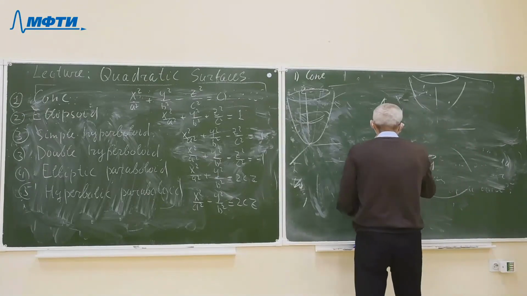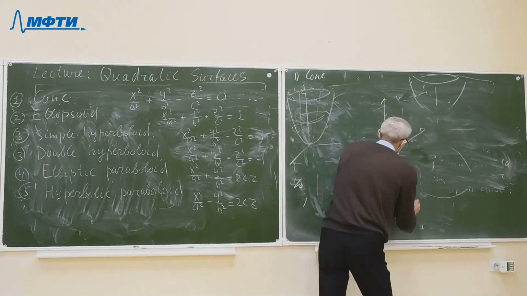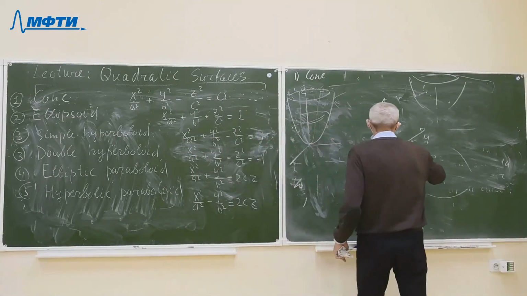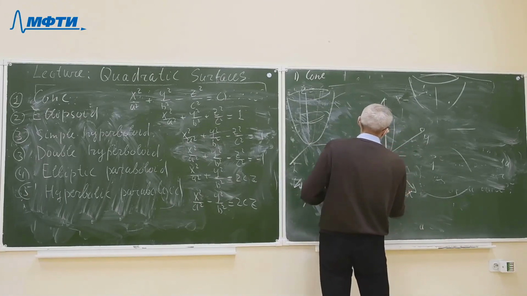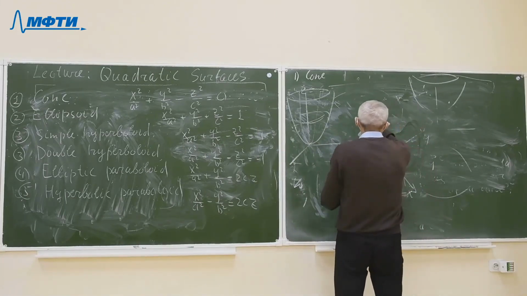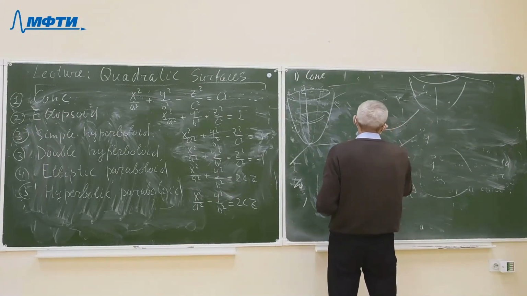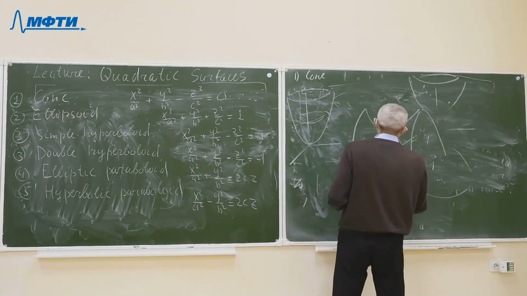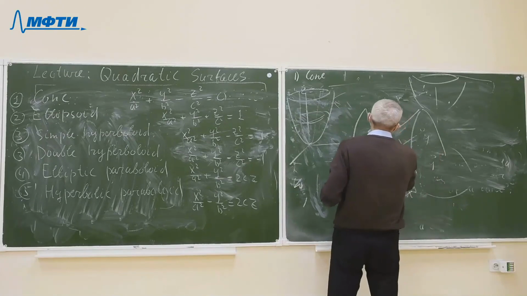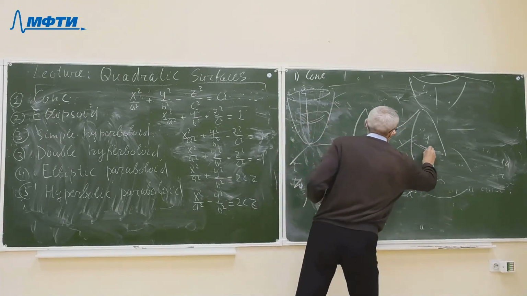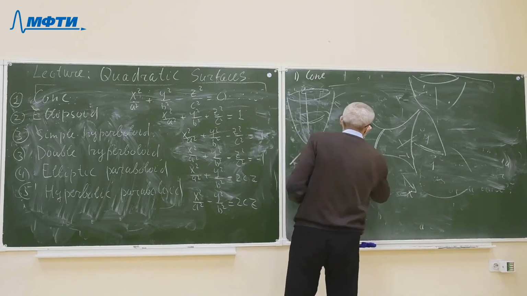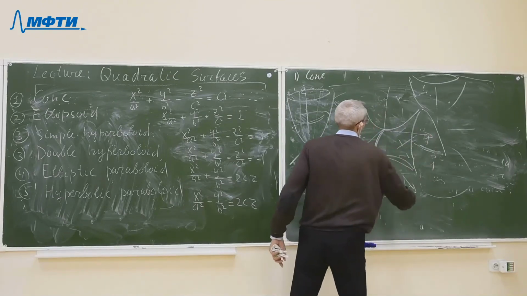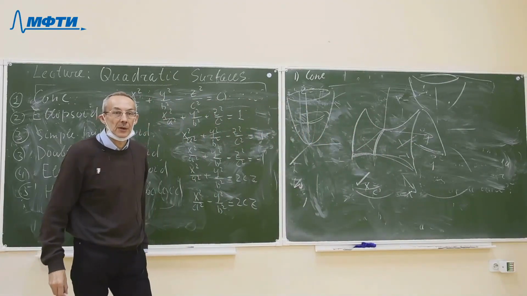Maybe I suggest x, y, in this direction, and this direction, one of the directions, the other direction is the same, and we obtain this surface which has this form. Sorry, the saddle.